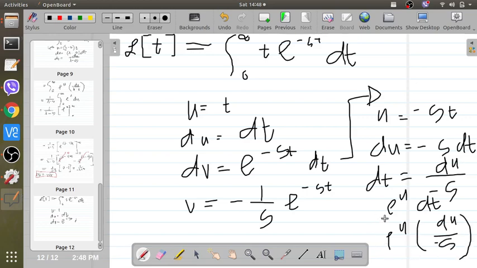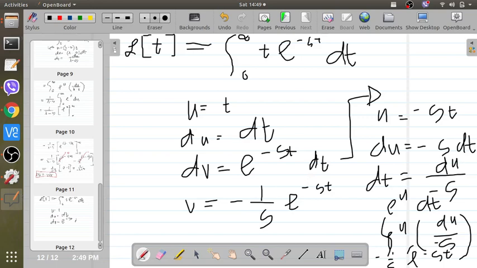So, kung i-integrate na nimo siya, ipagawas nimo ang negative 1 over s. Then the integral of e^u is e raised to the power of negative st. So v is equal to negative 1 over s e raised to the power of negative st.